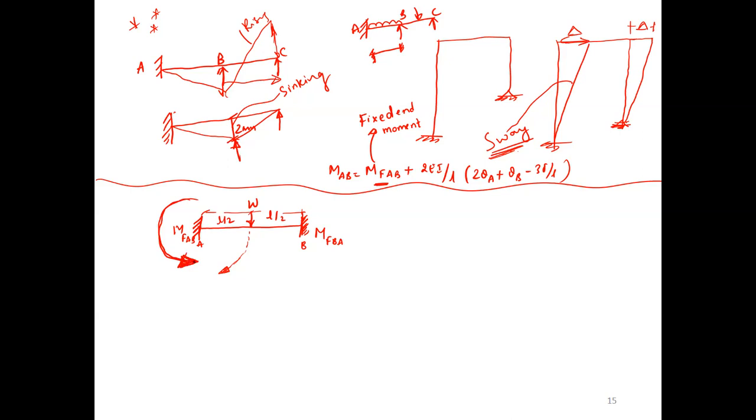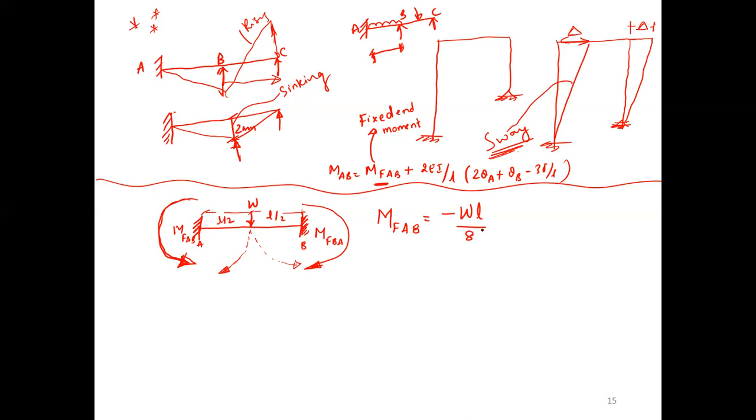This is the resisting moment. Similarly, with respect to BA, how is it rotating? Anti-clockwise. What is the resisting moment? Clockwise.